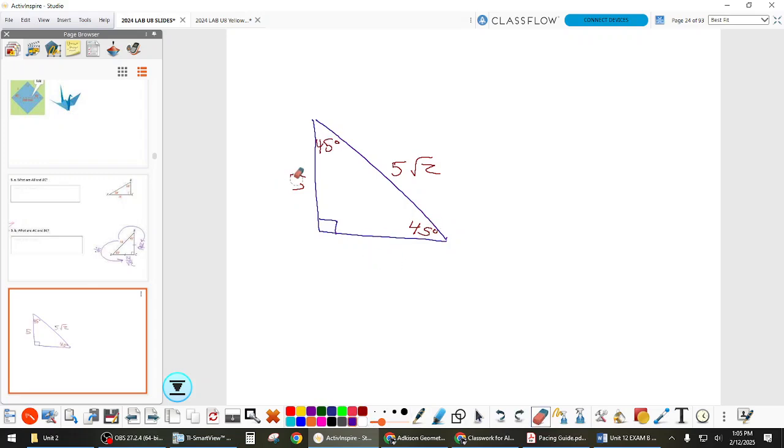Okay, let's try it again. What's this side? Don't shout it this time. Just think about it. Okay, what is it? 11 what? It's not divided. 11 times root 2. Why is it times? We're given the leg, finding the hypotenuse, right?